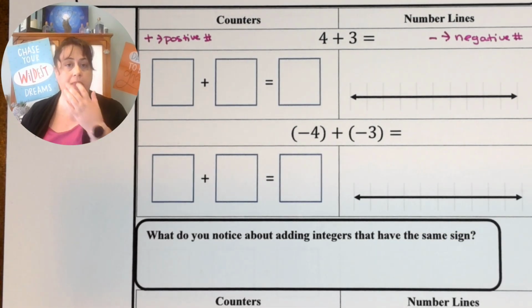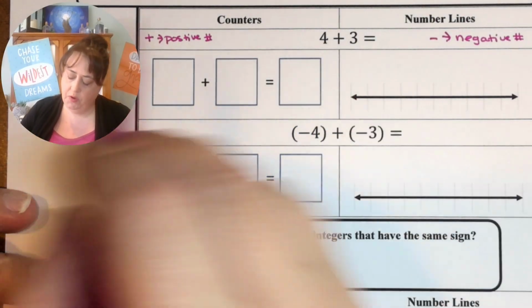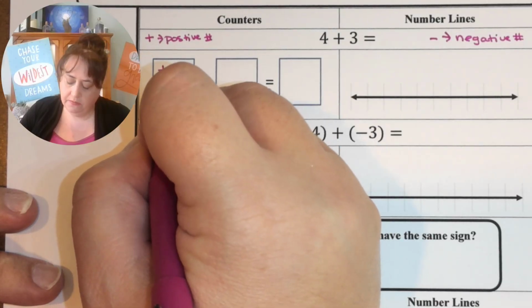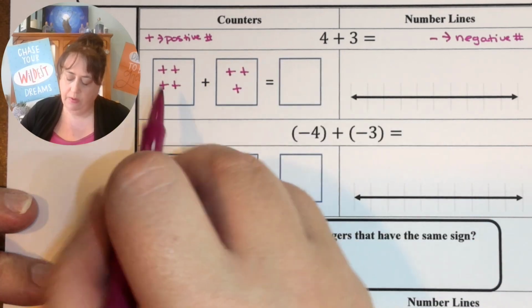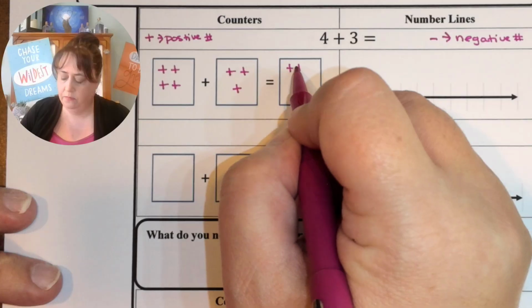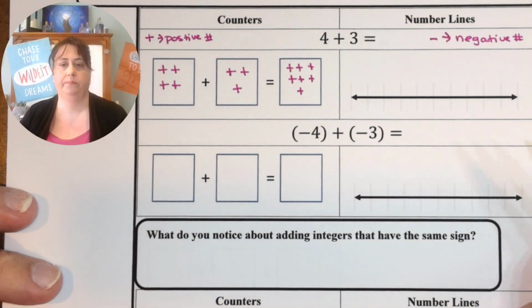Counters let us actually just represent the numbers so that we can see them. So 4 plus 3, I have 4 positives, plus 3. And when I add them up, 1, 2, 3, 4, 5, 6, 7, I have 7 in total. And I can see that.